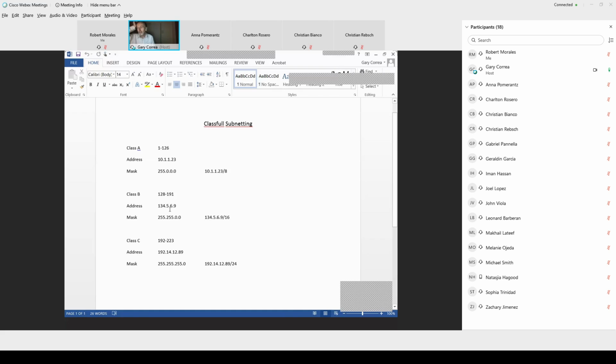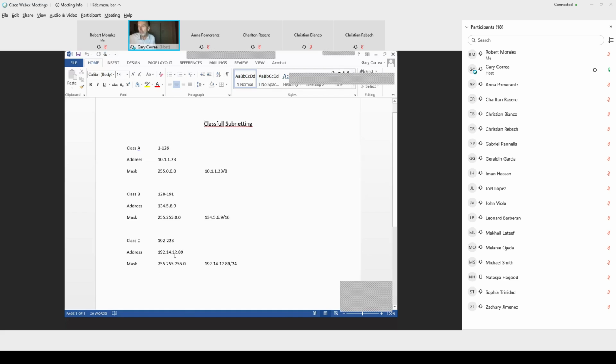The one we see most often is this one here: 192.14.12.89. In that case, we all have to be 192.14.12. Why? Let's go over here. /24. What does 24 mean? 8 ones here, 8 ones here, and 8 ones here. 3 times 8 is 24.